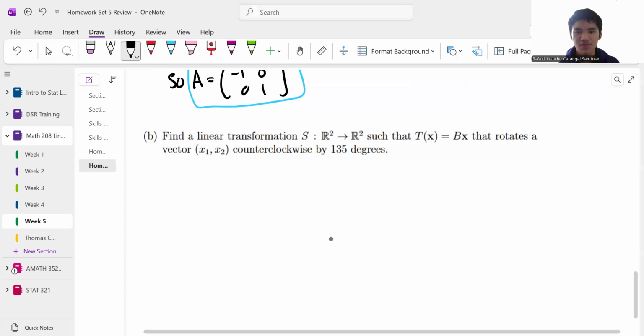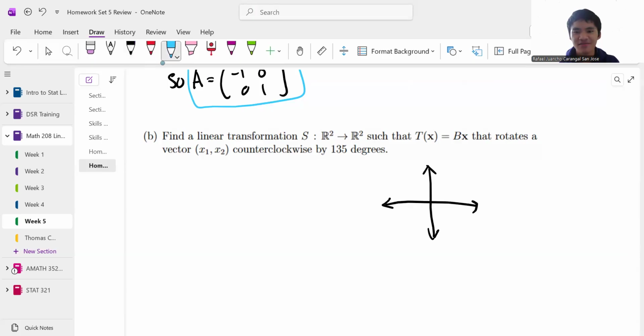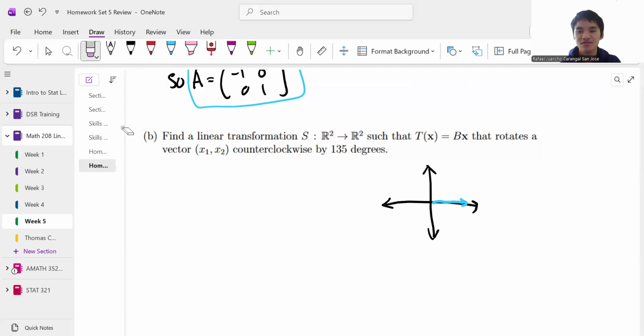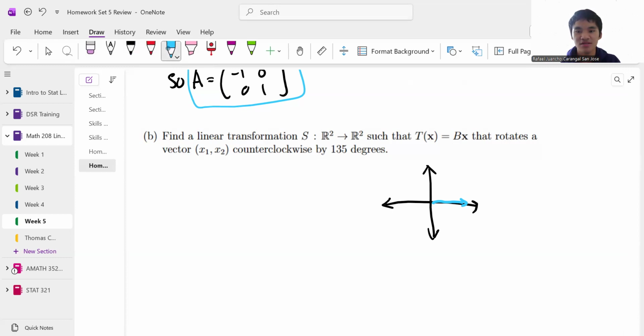So this one, we need to somehow get the intuition for it. So let's not talk about transformations first. Let's talk about pre-calculus. So say we have this line here. Okay, fine. We know this is the vector 1, 0. But then if we were to rotate this 135 counterclockwise, so it's going to go this way. How do we do that and make it 135? Well, it's going to go this way, right?